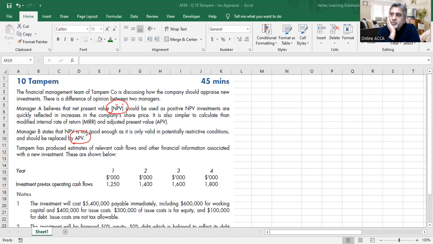What are the issues or limitations with the NPV formula which led us to find another method? There are two main reasons for using the APV method. By the way, we do APV for business valuation also a lot.